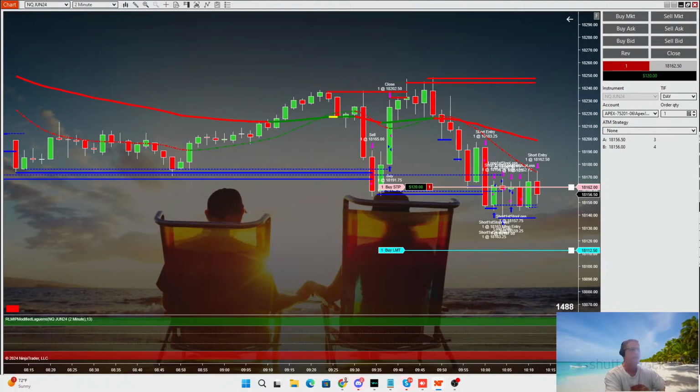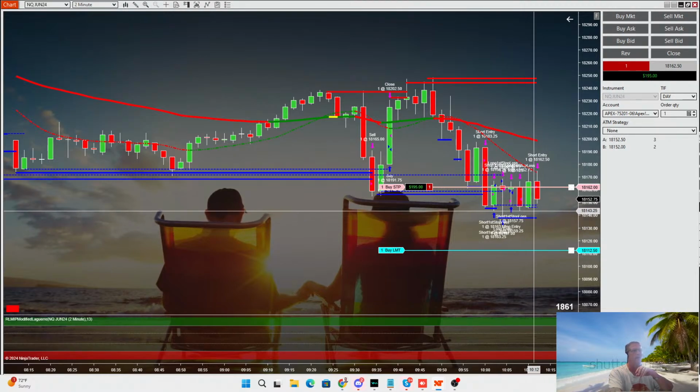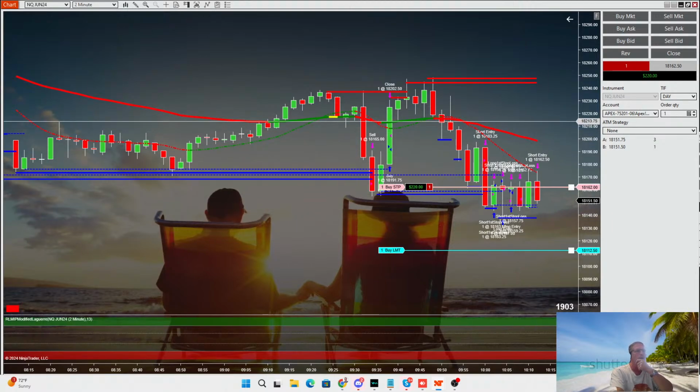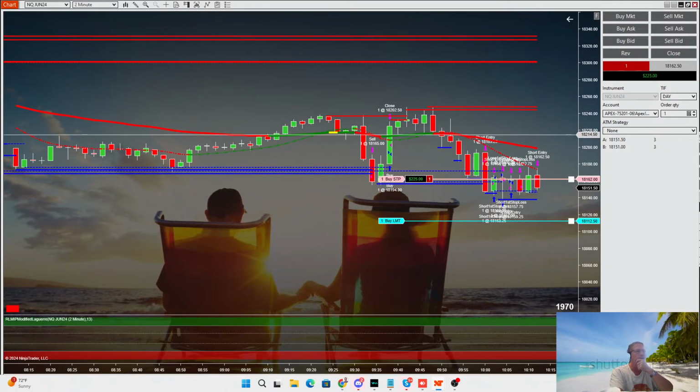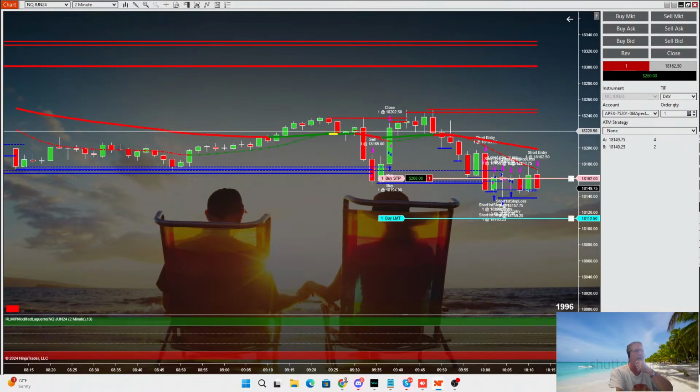Need to break through this area. It's testing and retesting. Kind of quadruple bottomed on us. There's a lot of buyers sitting right here. Get one to run to the downside. We might be okay.